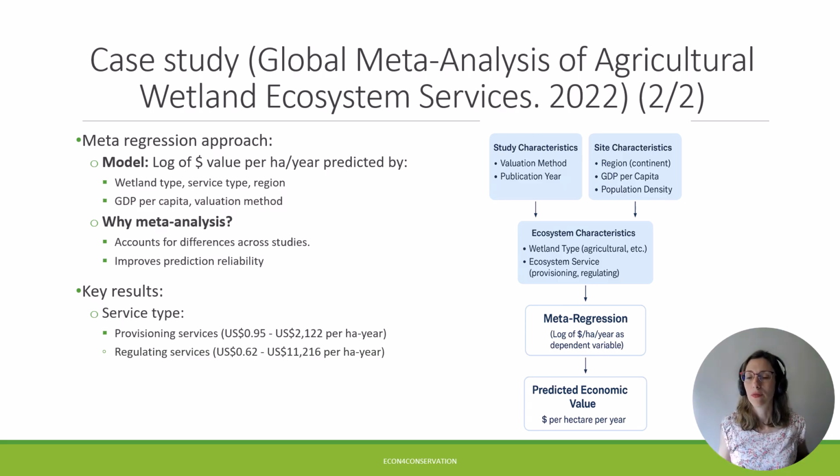And in the case of the regulating services like flood control and nutrient retention, the values ranged from 62 cents to $11,000 per hectare per year, an even higher variance. And this wide range shows the importance of context. Wetland location, condition, and service type matter a lot.